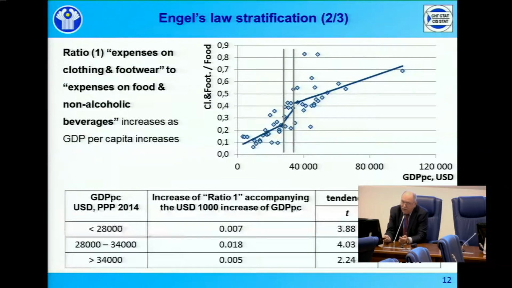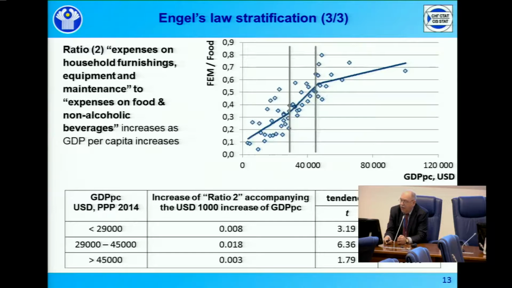The second one, middle income economies, is from 28,000 till 34,000, and the third one, the strongest economies, is over 34,000. Well, the same picture we can see for the second ratio.